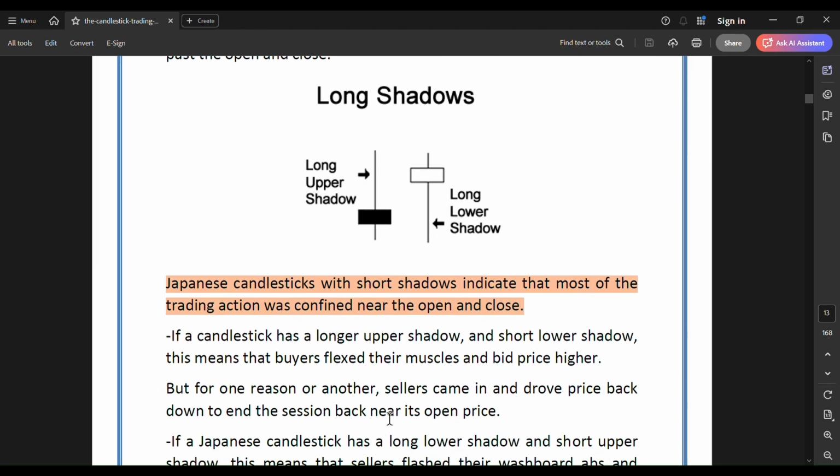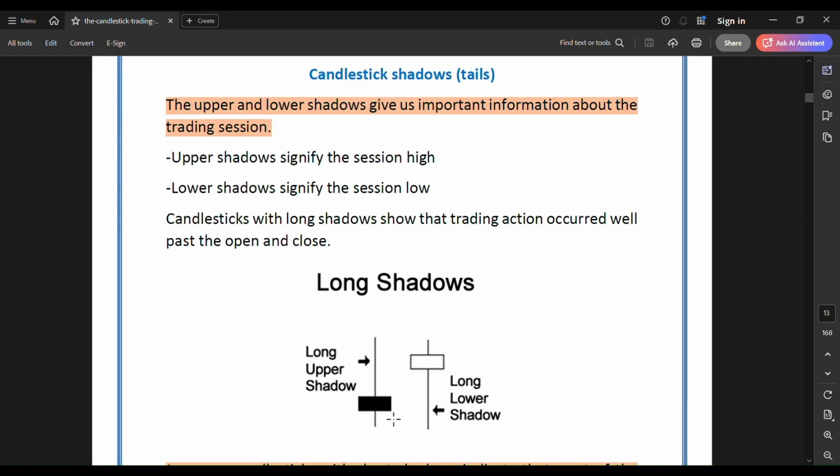In other words, Japanese candlesticks with short shadows indicate that most of the trading action was confirmed near the open and the closing price. If you have a longer upper shadow, this signifies that most of the trading happened on the lower part of the candle.